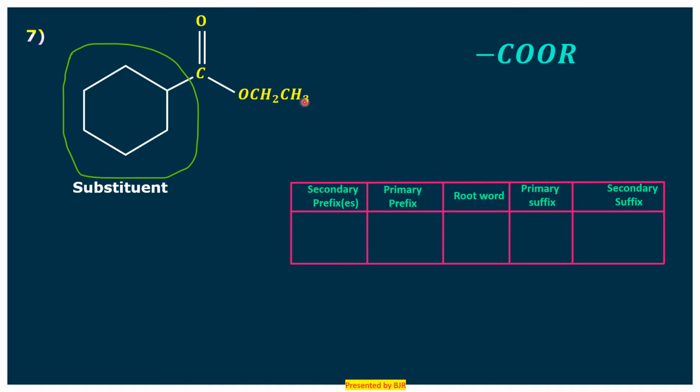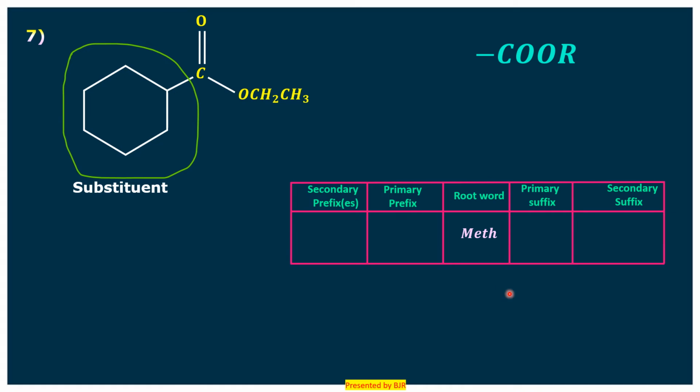The number of carbon atoms in the side chain is only one. COOR is a carbon terminating functional group. At that time, the carbon atom in that functional group must be assigned serial number 1. So only one carbon atom is there in this side chain.